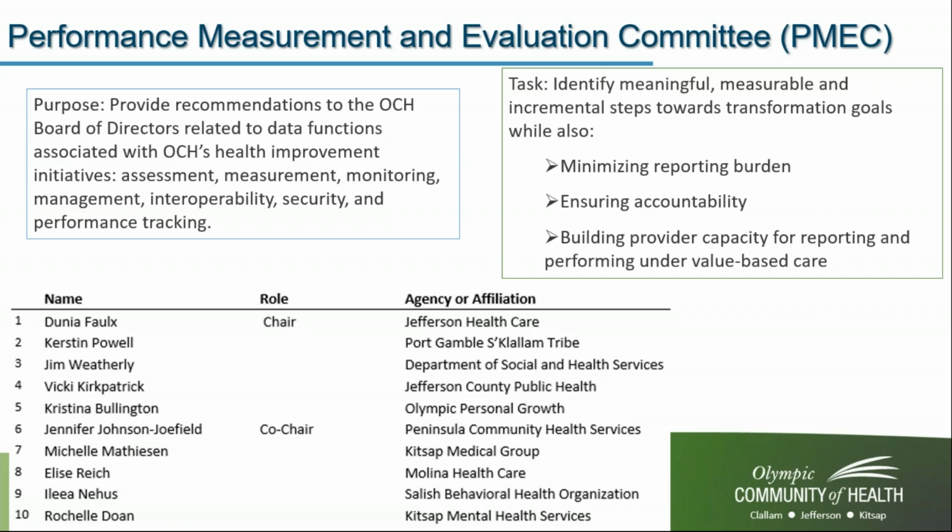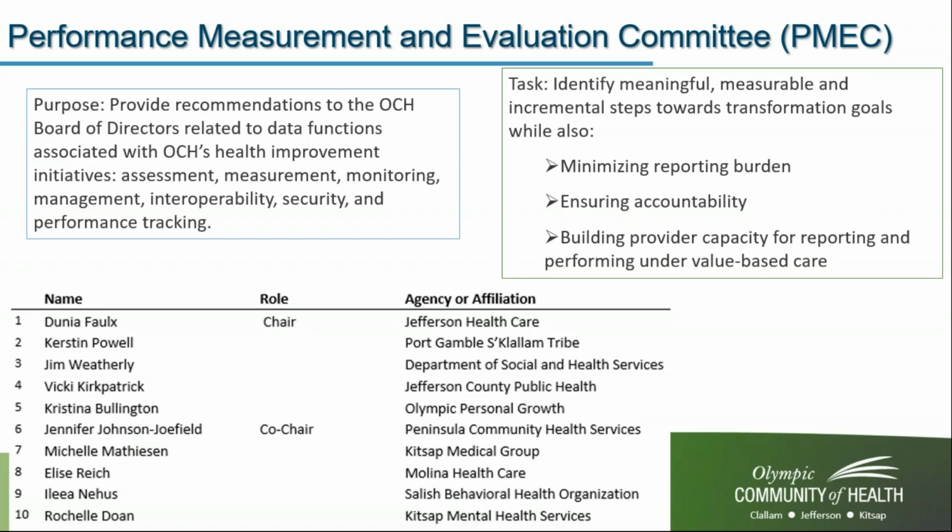The goal of the committee, this is an ongoing committee, is to provide recommendations to the board of directors related to data functions, assessment, monitoring, quality improvement, etc. And their first task, as I mentioned, between August and November was to design this set of intermediary metrics associated with the OCH change plan.